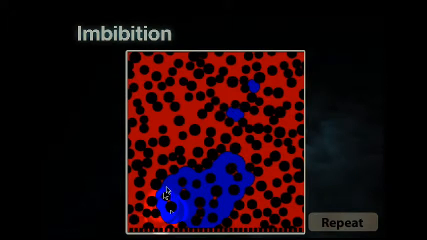But as we realize from the shape of this meniscus, I can clearly state that the red is the wetting fluid and the blue is the non-wetting fluid. Same here or here. Take a look at the meniscus. The black dots are the solid material of the porous medium.